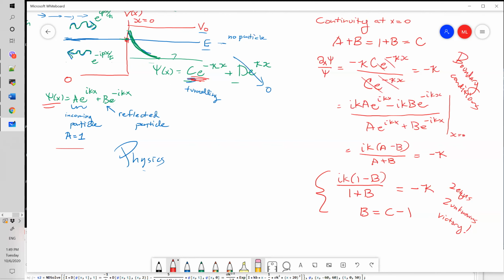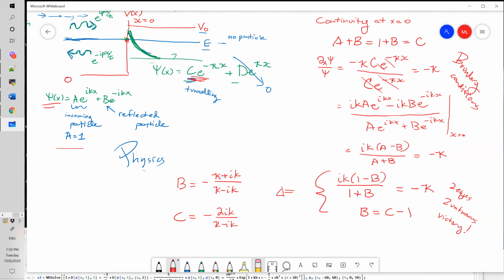You just do some algebra, rearrange these, and you can solve this equation just for b, this top one. And in the end, you get your two solutions. One is for b, and you can find it's minus kappa plus ik over kappa minus ik. And for c, you get minus 2ik over kappa minus ik.